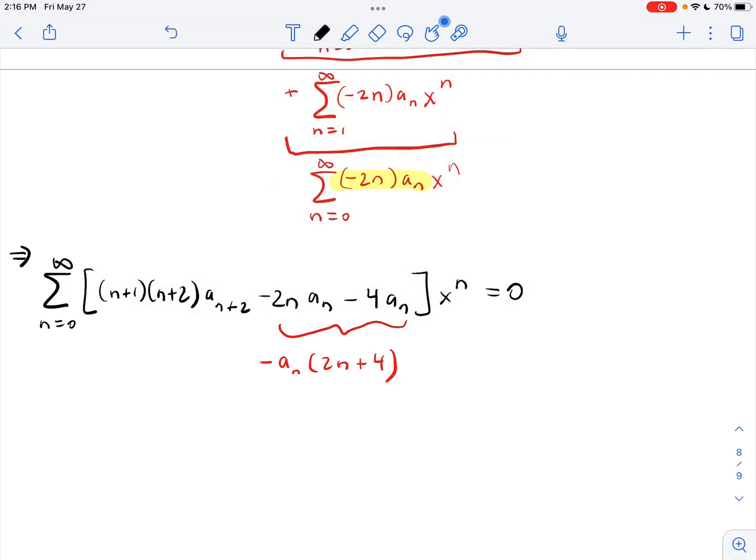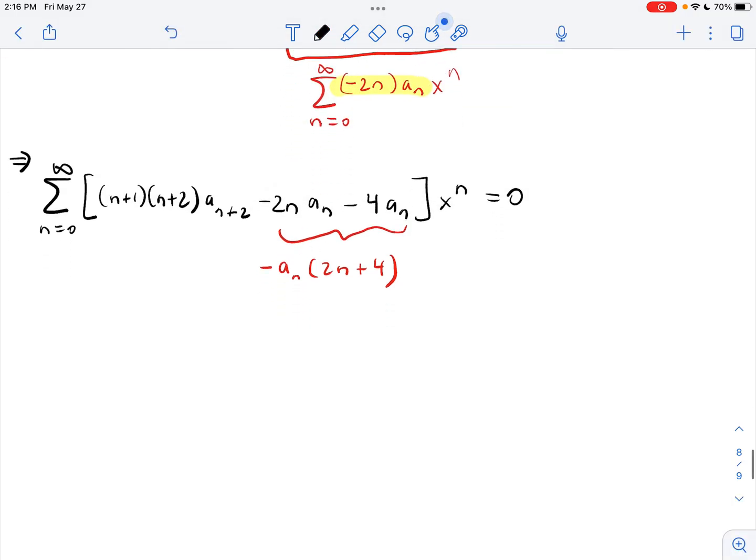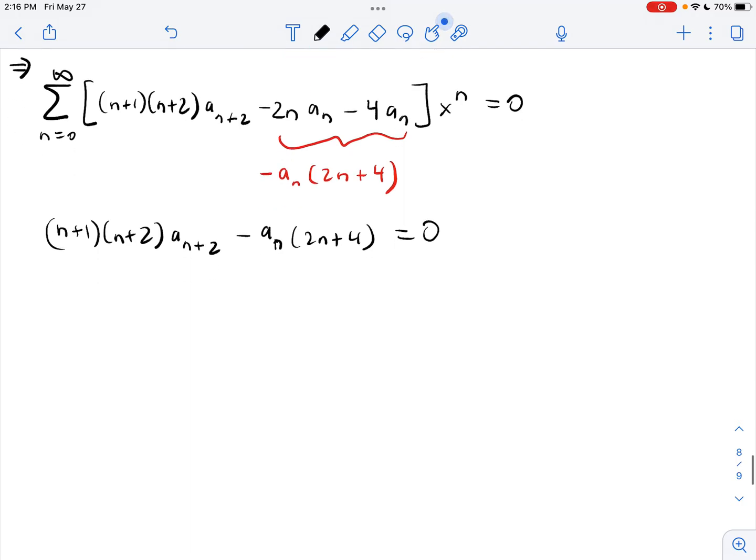And that's important because if I were to set this guy inside equal to 0, I actually end up with n plus 1 times n plus 2, a n plus 2, minus a n times 2n plus 4 is equal to 0.